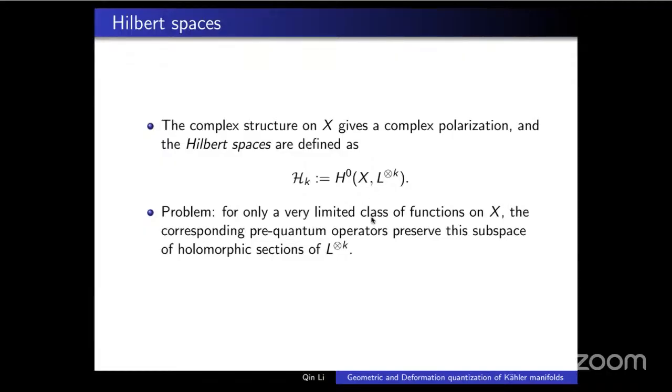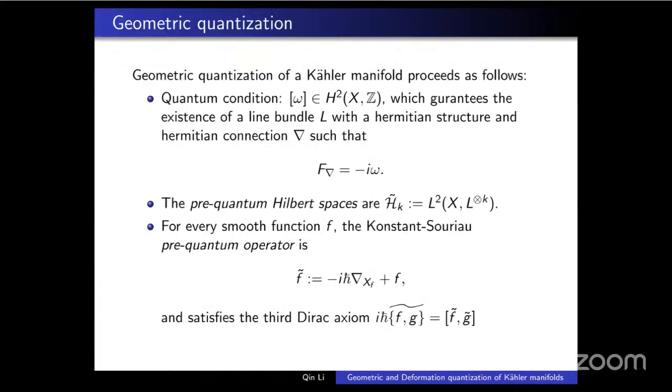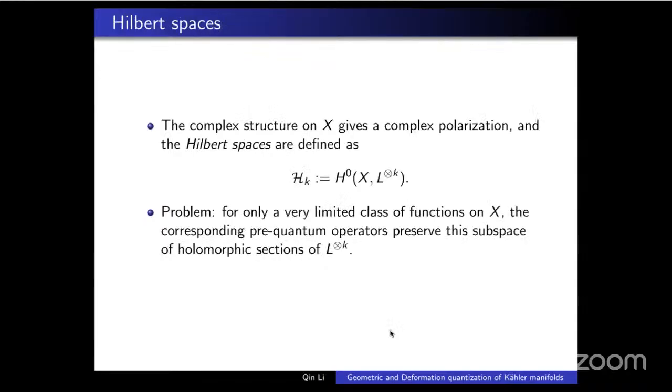Now, you want this function f. We have seen that it satisfies the third Dirac axiom, but then we need this operator F tilde to act on this subspace of holomorphic sections.